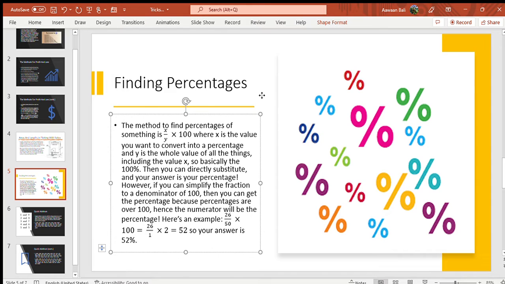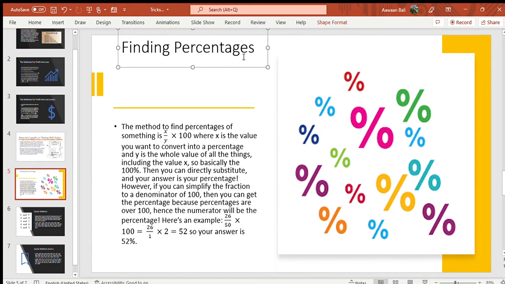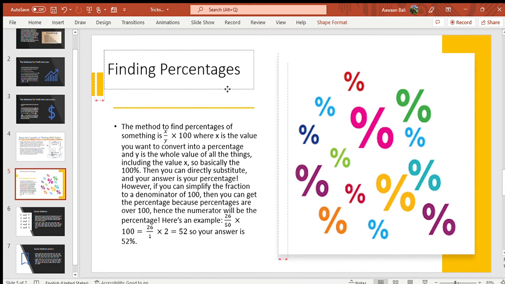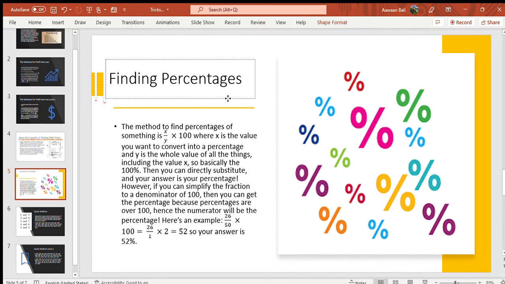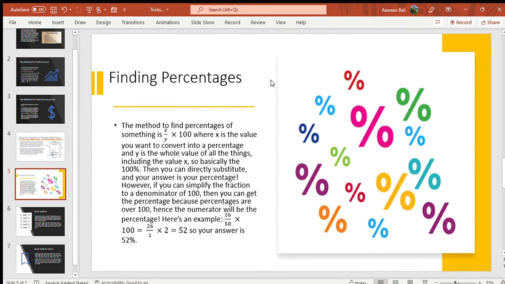And so that's basically what it is. And once you get the hang of that, it's actually really easy. And remember, you can cancel only in multiplication. Here it'll always be multiplication, and actually it'll also always be division too.